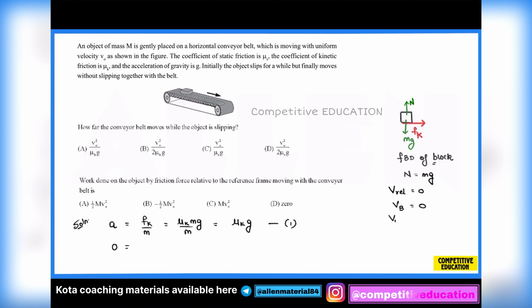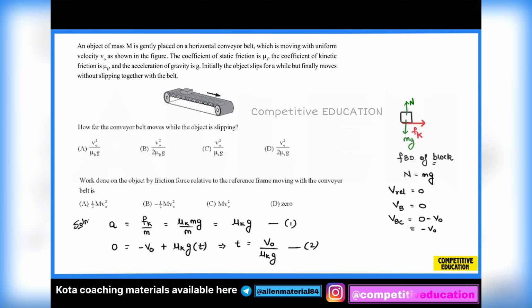So velocity of block with respect to this conveyor belt will be 0 minus v0, that is the velocity of conveyor belt, it will be minus v0. So I can write final velocity as 0, initial velocity will be minus v0, plus acceleration I found as mu k into g into t. From here the value of t will come out to be v0 upon mu k into g. This is my equation number 2.